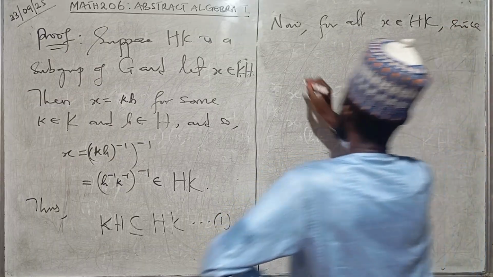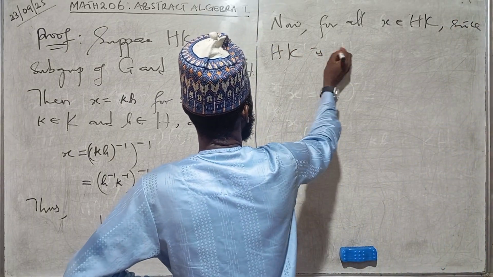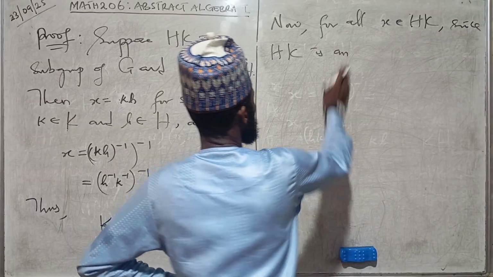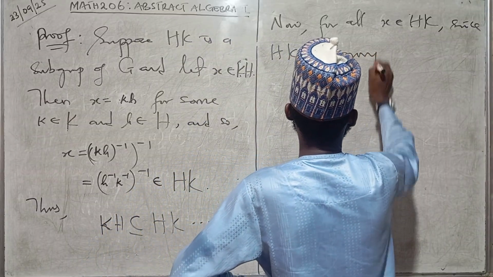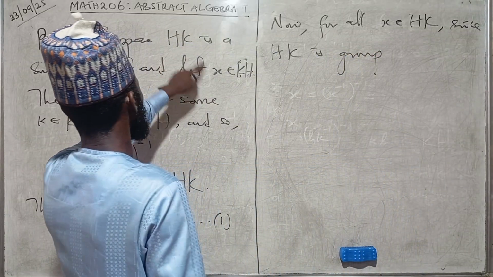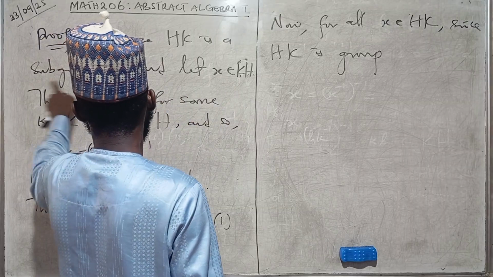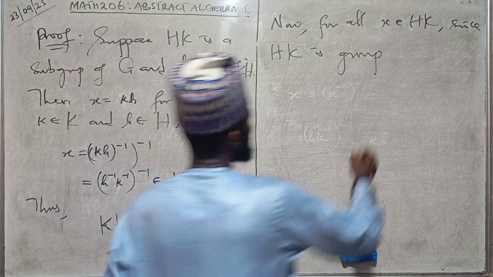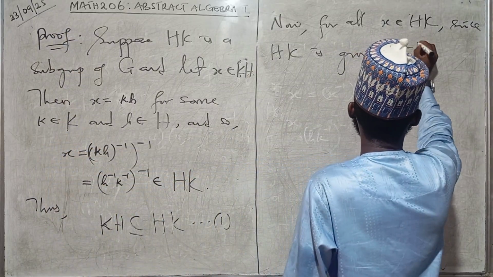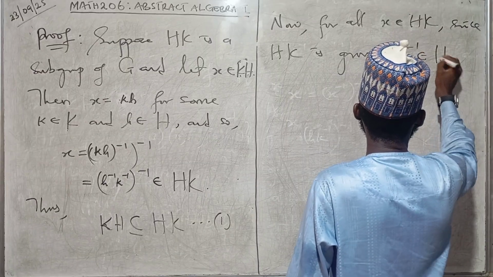So for all x in HK, since HK is a group by assumption, we already assume it is a group. So the inverse, X inverse, will still be in HK.